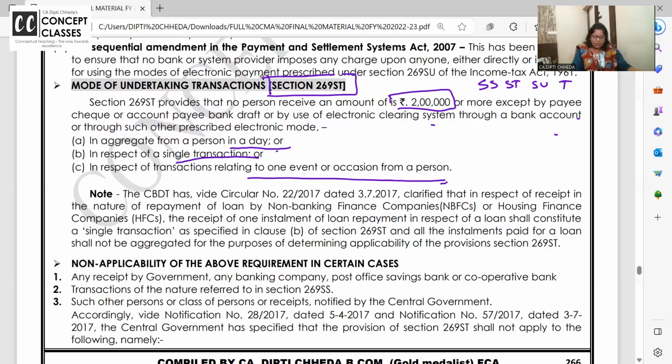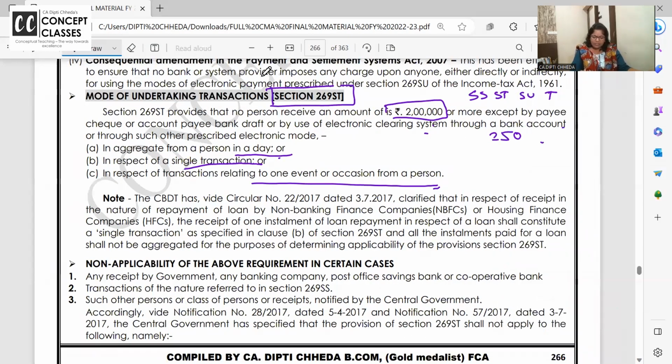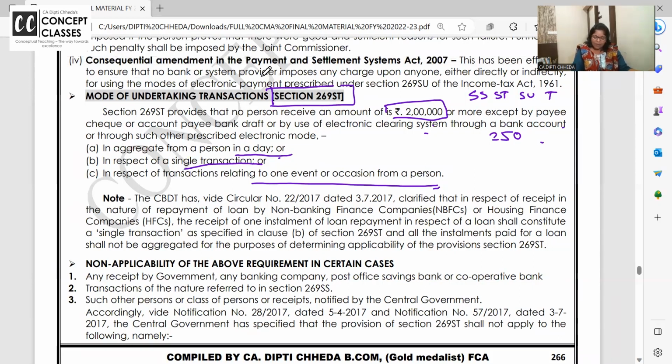So now to that person, in a single day, can I give 2 lakh rupees? No. His bill is say 2,50,000, and for this transaction I am paying him 25,000 in 10 installments in cash. So for a single transaction, I am breaking it into installments and giving it on different days to the same person.